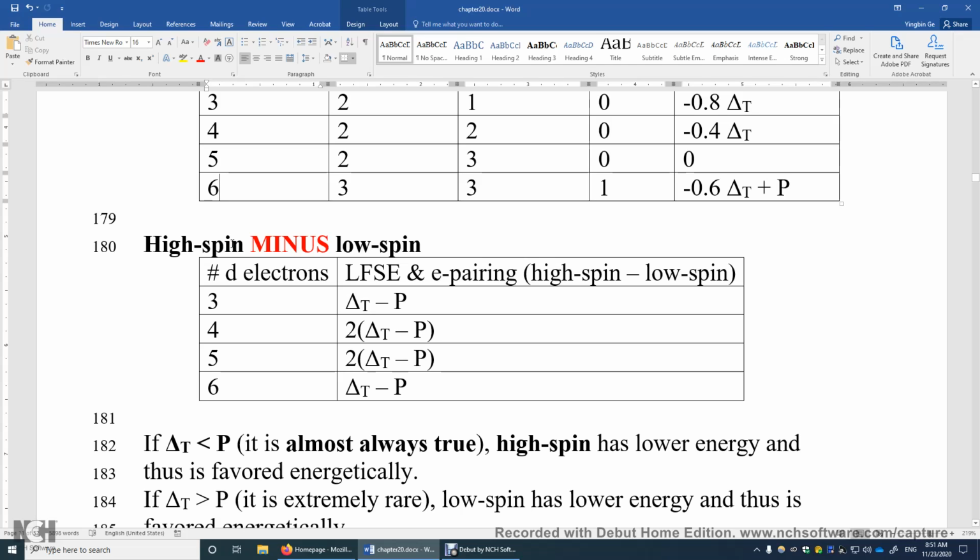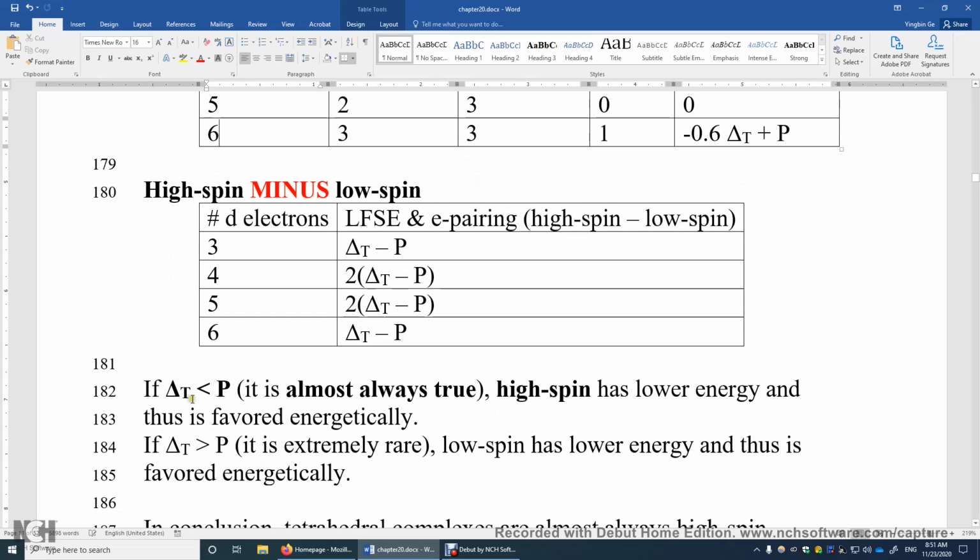So that's why in a tetrahedral complex, without thinking, you can predict the high spin state is favored energetically. Again, this is just because delta T is very small. It's typically much smaller than the electron pairing energy, so you really want to put the electrons in different d orbitals whenever you can.